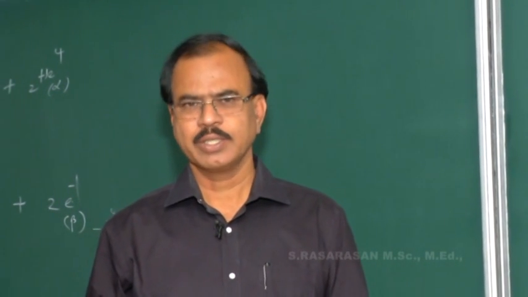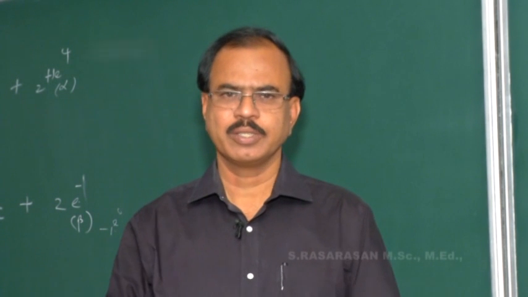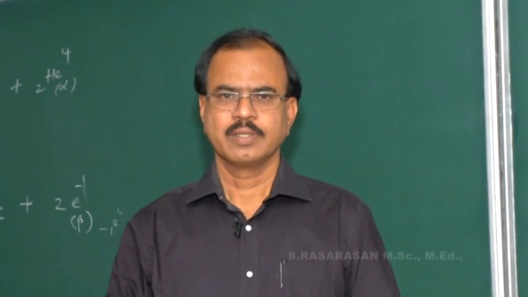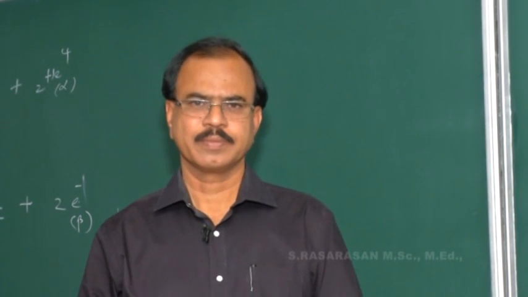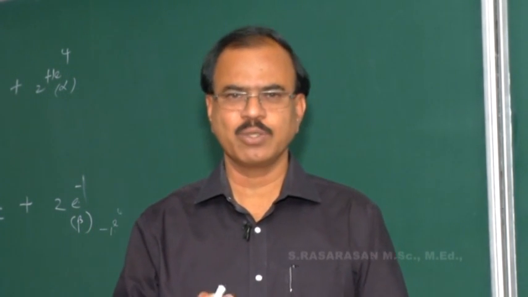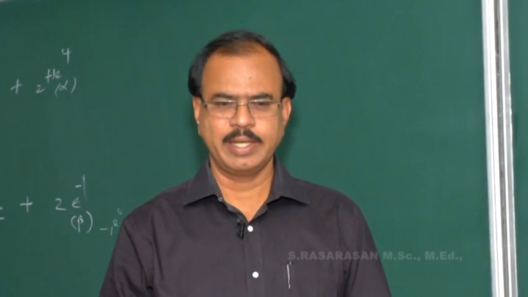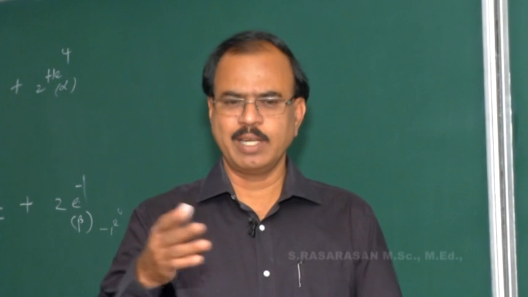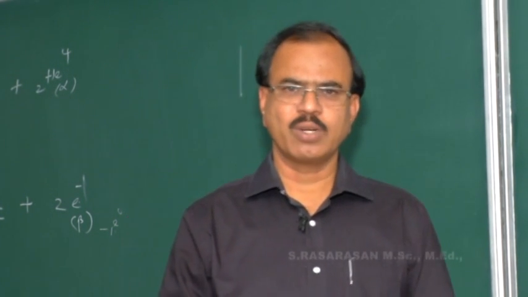What are isobars? They are also atomic nuclei belonging to different elements. Same mass number, different atomic number, isobars. What are isotones? They are atomic nuclei belonging to different elements. Yes, number of neutrons differ.